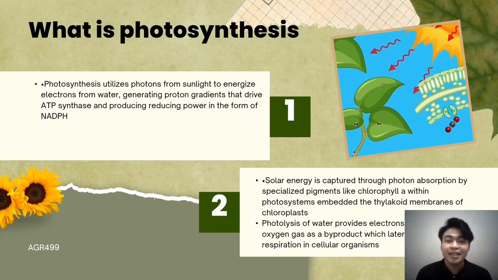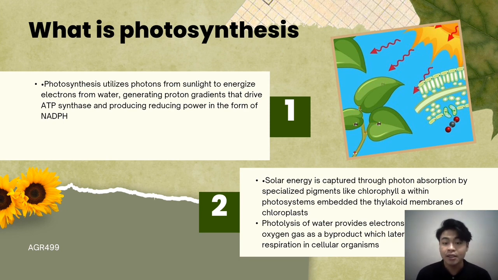What is photosynthesis? Photosynthesis utilizes photons from sunlight to energize electrons from water, generating proton gradients that drive ATP synthase and reducing power in the form of NADPH.